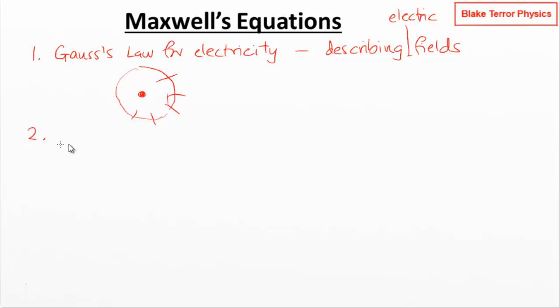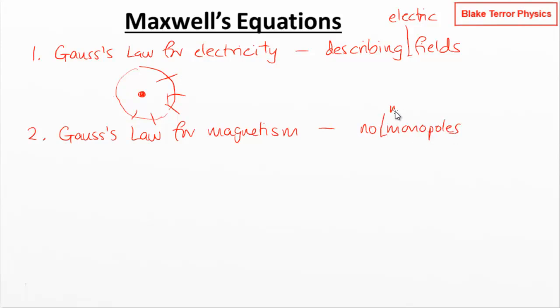The second one is we've then got Gauss's law for magnetism. Not surprisingly, we're going to have stuff for electricity, stuff for magnetism, because we are in electricity and magnetism. So Gauss's law for magnetism is doing more or less the same thing. It's saying, right, if you've got some magnetic charge, a magnetic dipole, part of the consequence of this is that there are no magnetic monopoles.